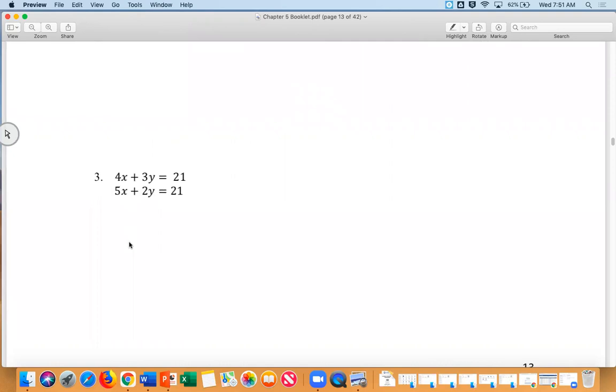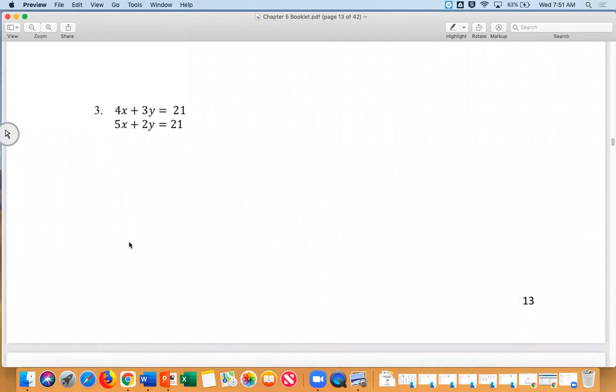But now, how do we do a question like 3? Does anybody have any ideas how we could solve 3? Remember, the name of the game is to get one of the variables the same number. So if you multiply both equations by different numbers, say you multiply the top one by 5 and the bottom one by 4, so that each one has 20x, you can get rid of at least that variable so you can subtract.